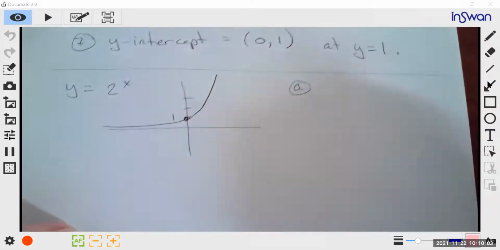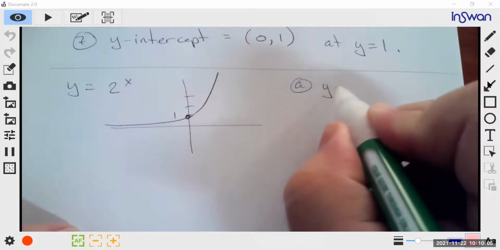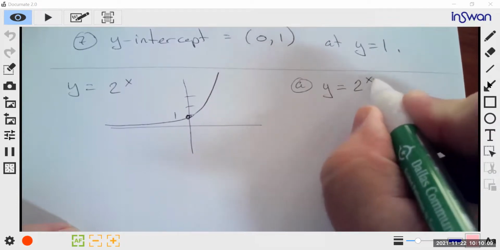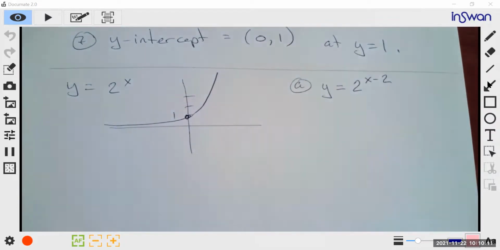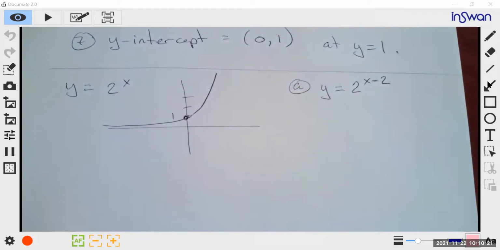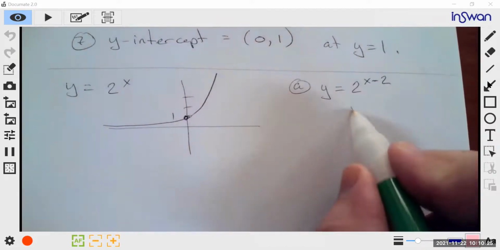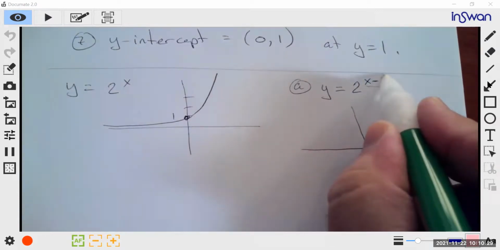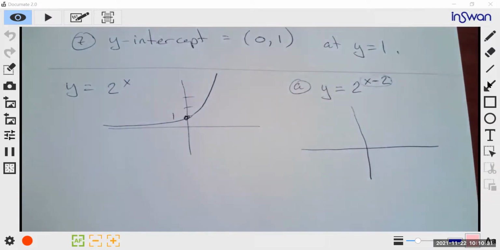Let's look at some transformations. What do you think that means? x minus 2. What kind of transformation is that? Because it affects the x, it's a horizontal transformation.